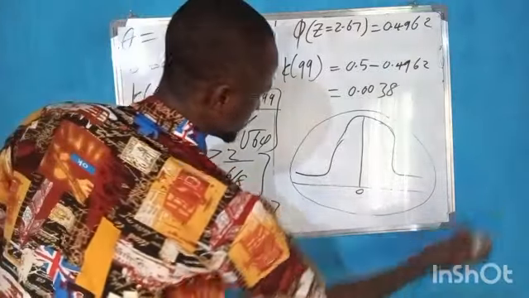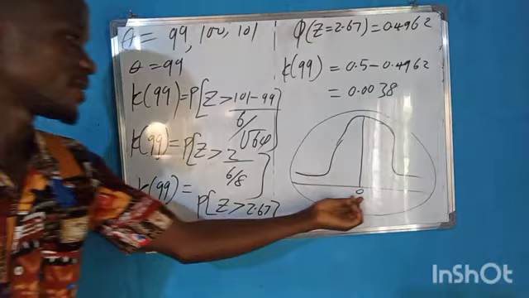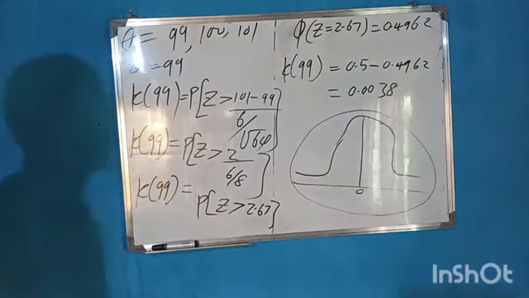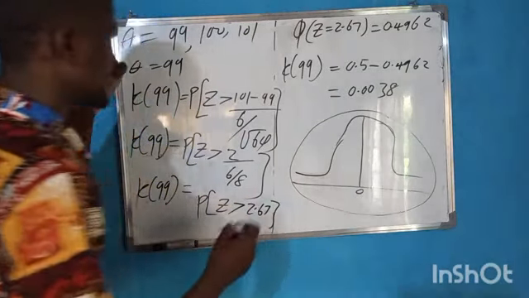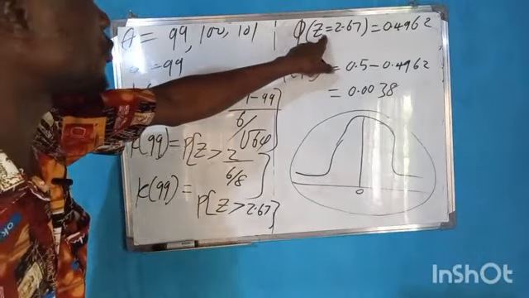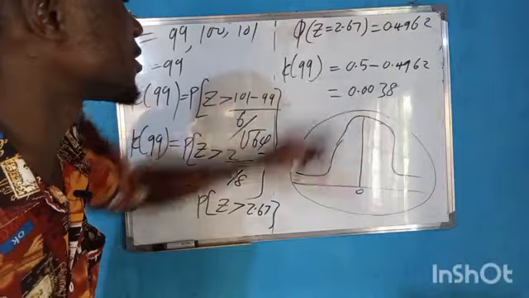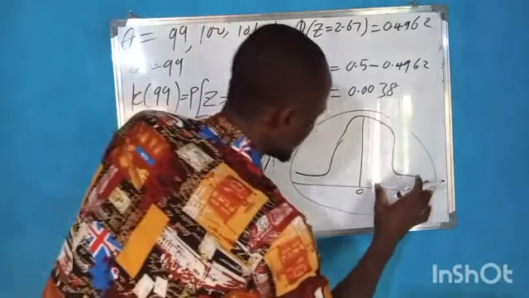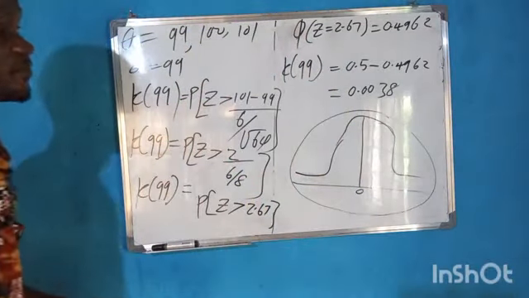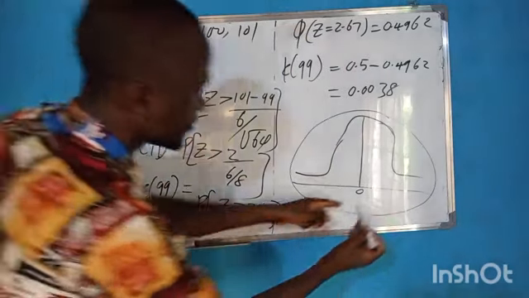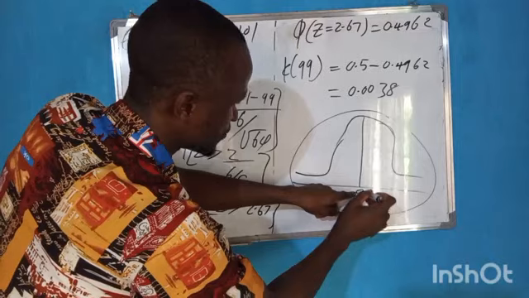From here to this place the values are positive, and here they are negative. We have found the area for Z equal to 2.67, which means we are in this direction.